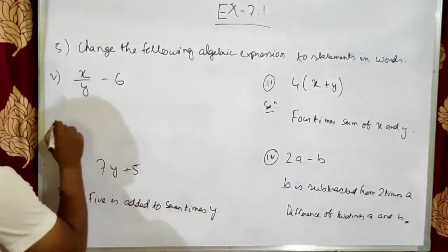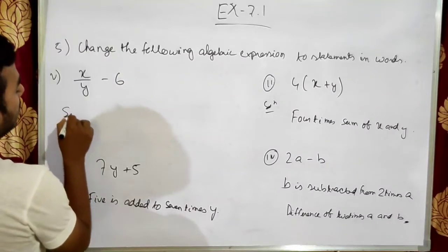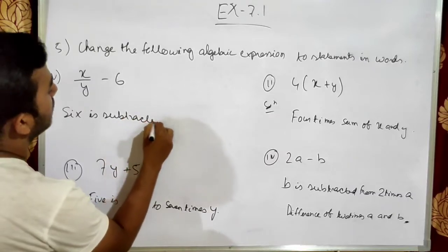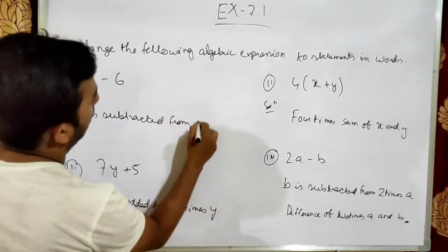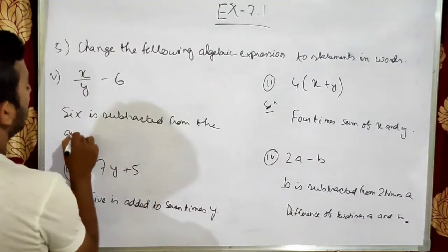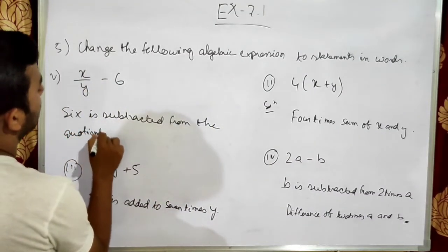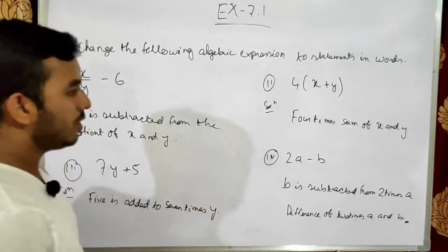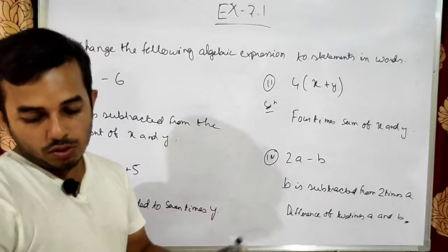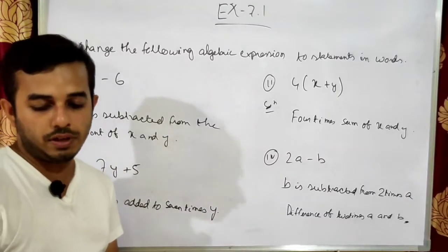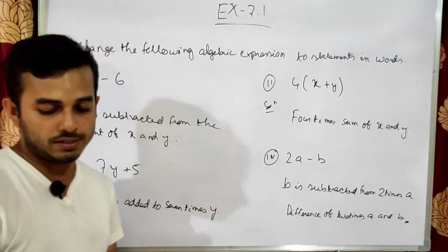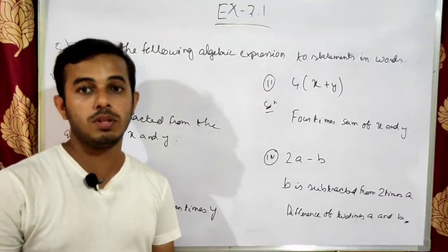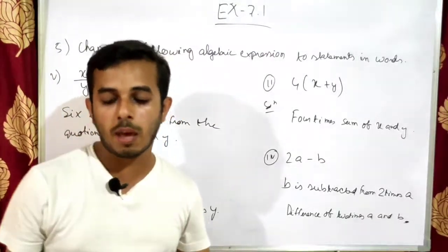So we'll write it, 6 is subtracted from the quotient of x and y. The remaining questions you can solve yourself. Next is 3mn plus 7, that is 7 is added to the product, 7 is added to 3 times the product of m and n, like this.